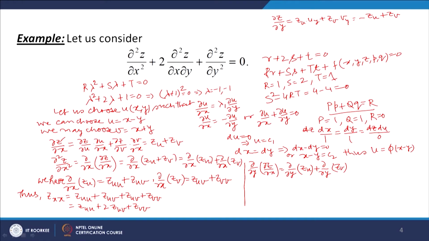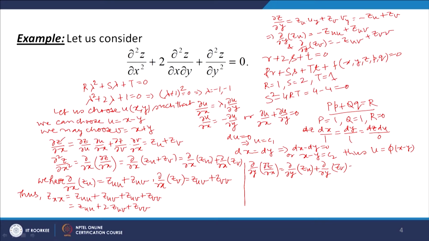Now we differentiate z_u with respect to y. So we can replace z by z_u here, and when we do that, this is minus z_uu plus z_uv, and partial derivative of z_v with respect to y can similarly be obtained. Replace z by z_v there, so we get minus z_uv plus z_vv.